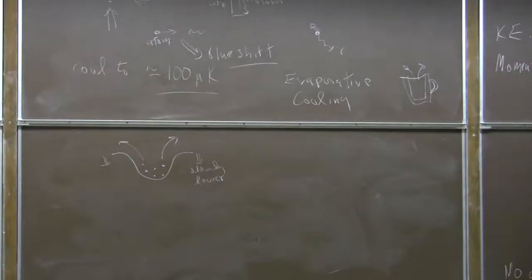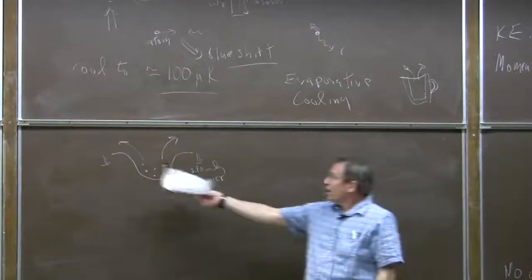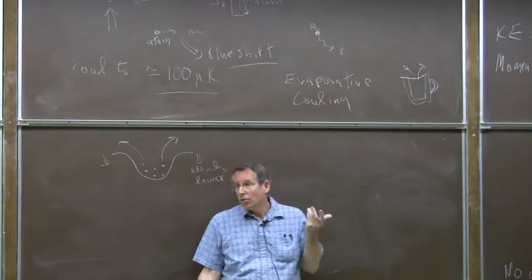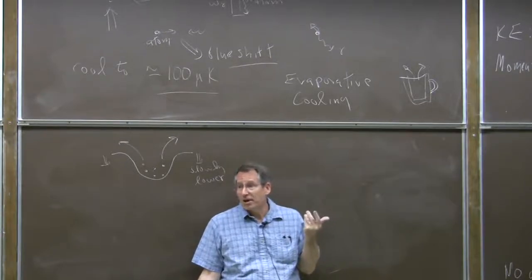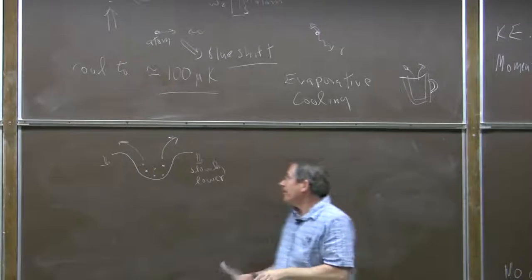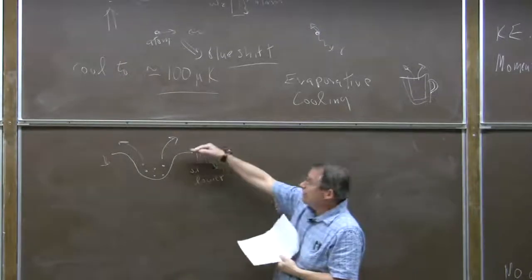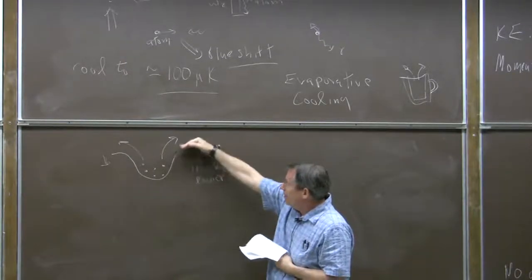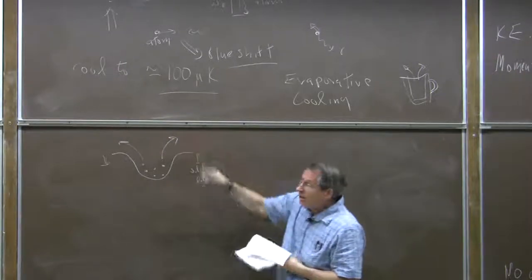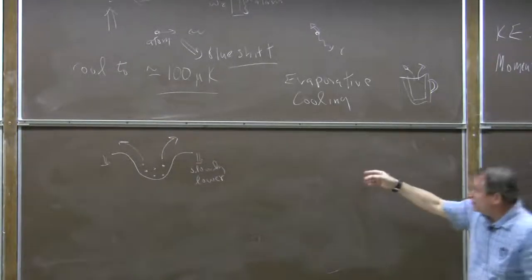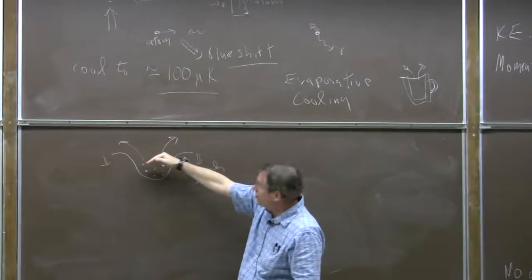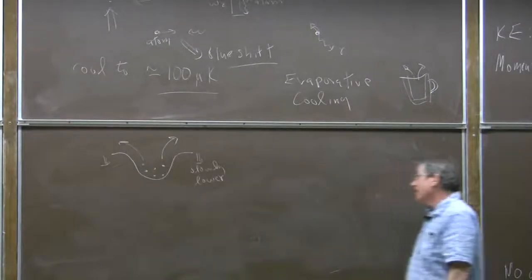I'll lose some atoms, which isn't good because as the density goes down, the Einstein temperature is getting even lower. And so I'm paying a price by losing atoms. But it's a net gain because I'm much more likely to lose hot atoms than cold ones. They have an easier time escaping from the trap. Okay? So now I have to choose the right schedule for lowering the height of the trap as a function of time so that I optimize the Einstein temperature of what's left relative to the temperature of the remaining gas.